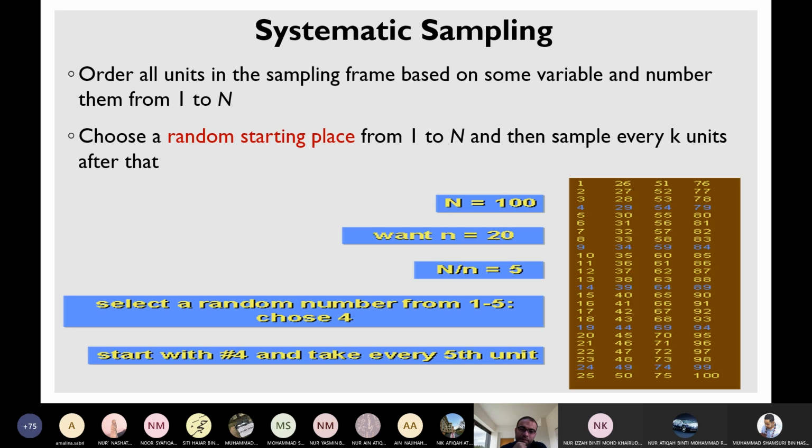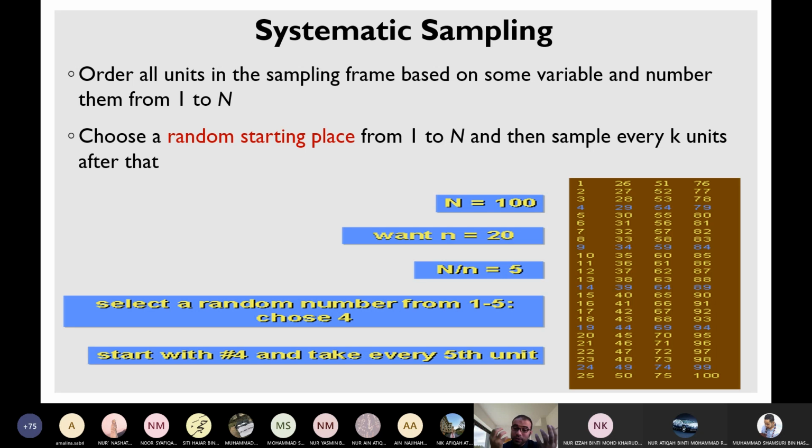Let us explain through the figure. N is the total number of the population, the study population. The sample we want is 20 from 100.